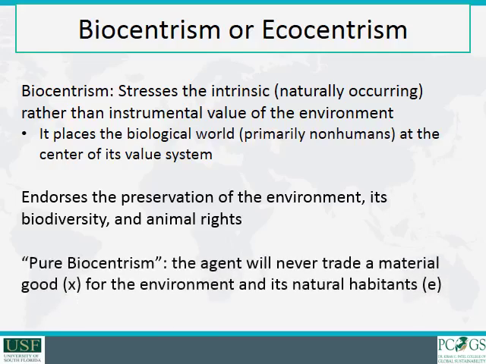In pure biocentrism, the agent will never trade a material good, in this case we'll call it X, for an environmental good, or E. Some elements of biocentrism combine deep ecology with an anti-industrial and anti-capitalist position. This far-left position fails to address the economic need of an advanced society.